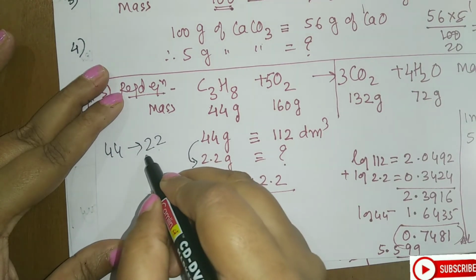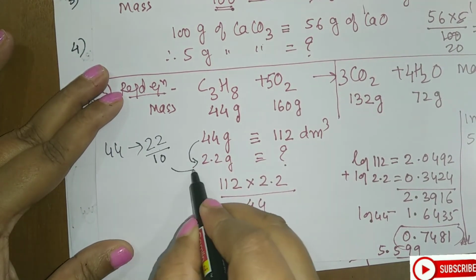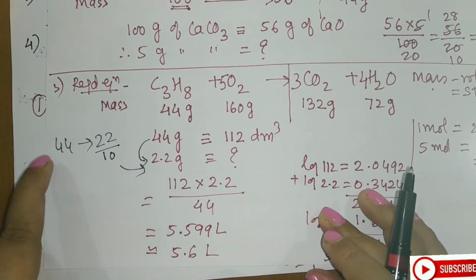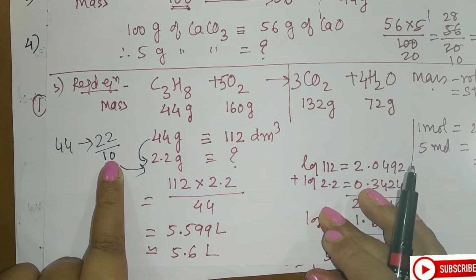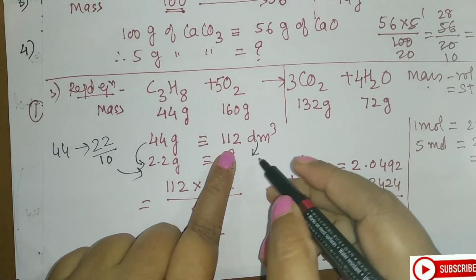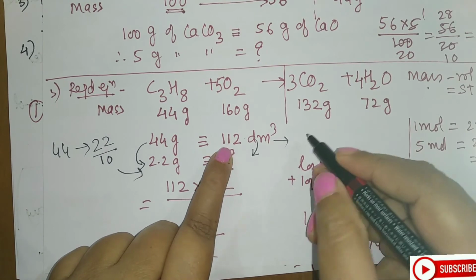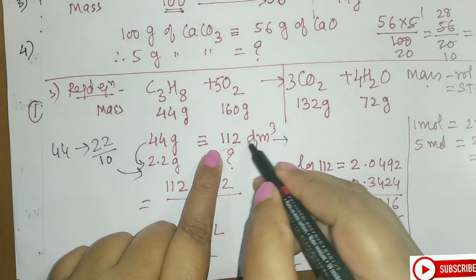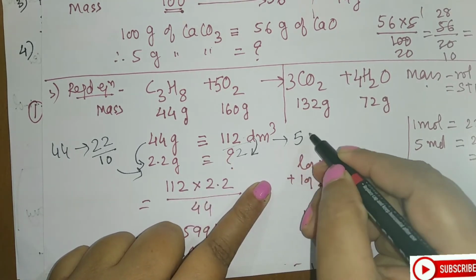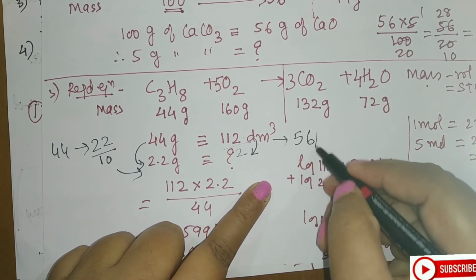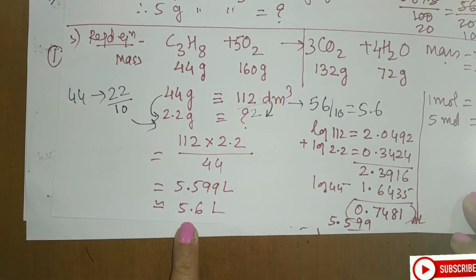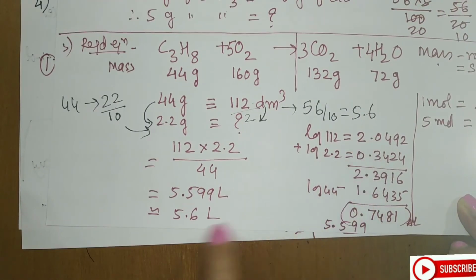After making it half, I divide this by 10, then I will get 2.2. So from this to this, what I have to do is make it half and divide that by 10. So let us make this also half. If I make this half, means I will divide this by 2. So it will become how much, student? 56. And then divide this by 10. So the answer is 5.6.